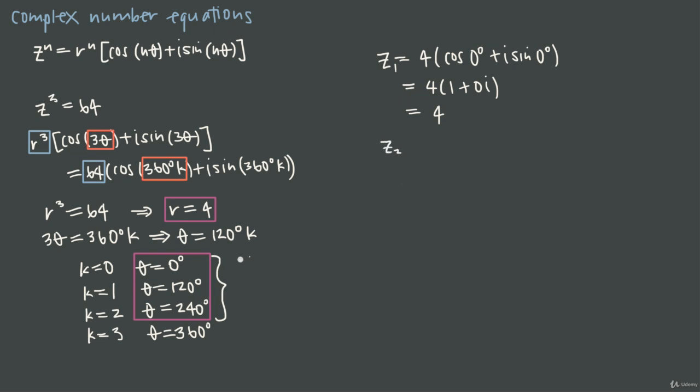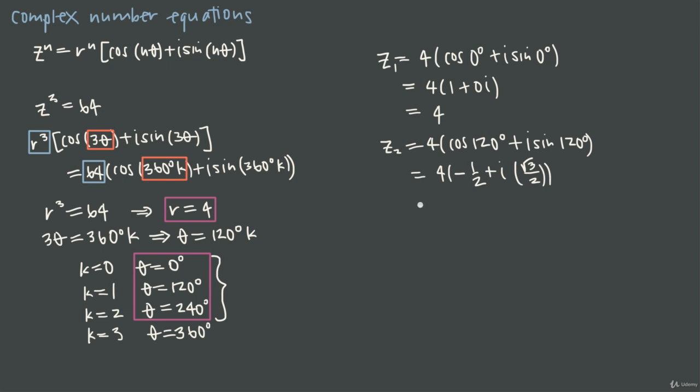For z sub 2, we tried 0 degrees, now we have to do 120 degrees. We'll get 4 times cosine of 120 degrees plus i sine of 120 degrees. And then we get 4 times cosine of 120 is negative 1/2, and sine of 120 is root 3 over 2, so root 3 over 2.